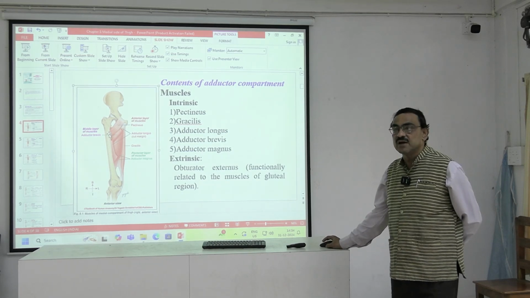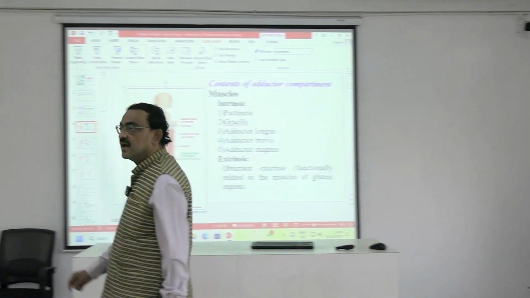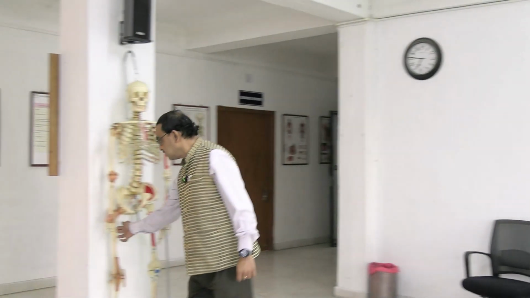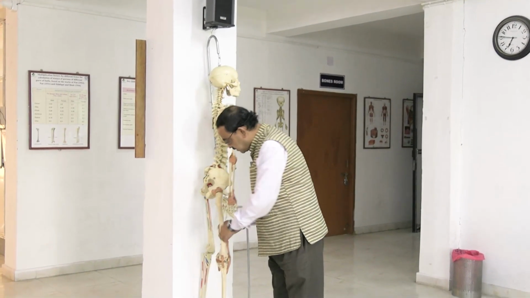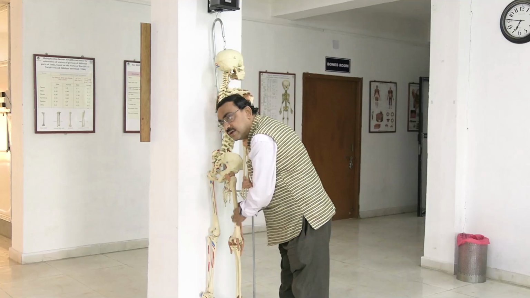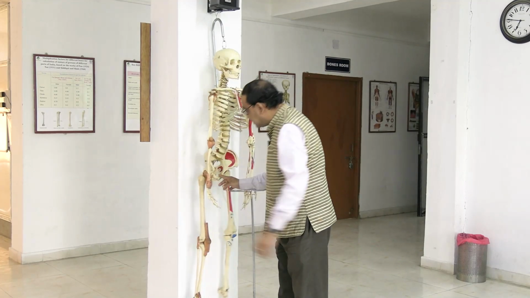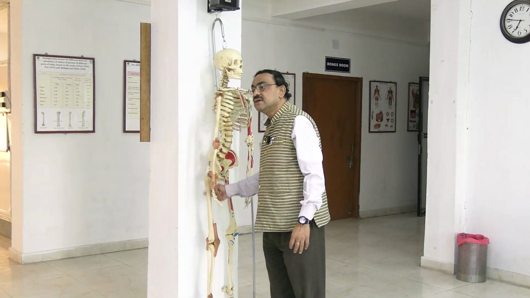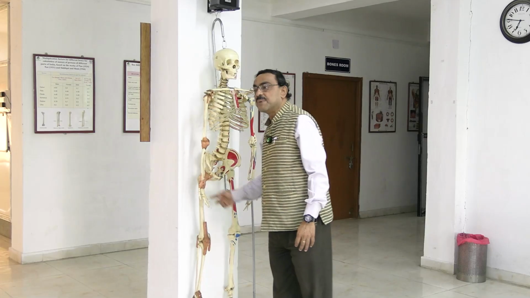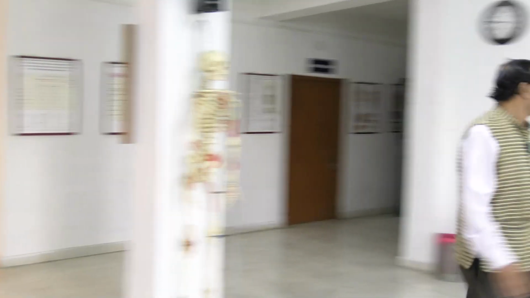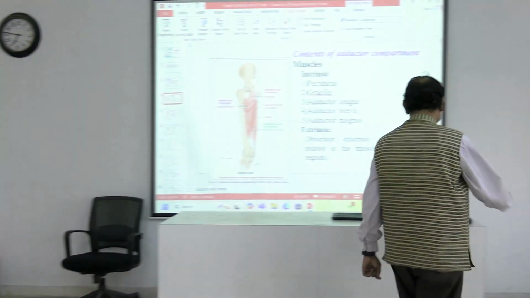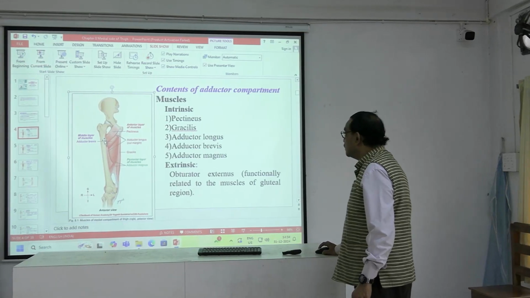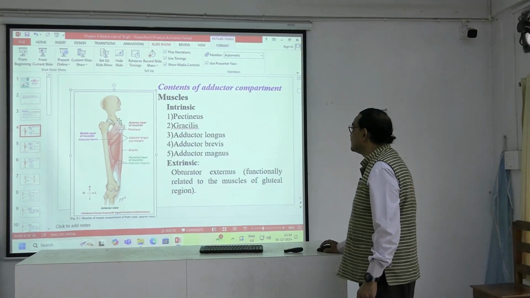This posterior border is very thick and is known as linea aspera. So, this muscle is taking origin from here and ultimately it is inserted over the upper part of the linea aspera. So, this muscle is the pectineus.